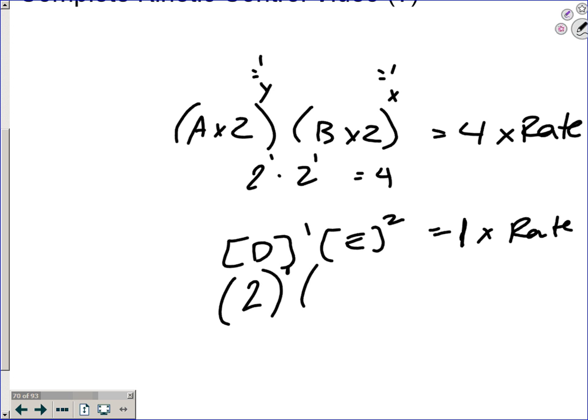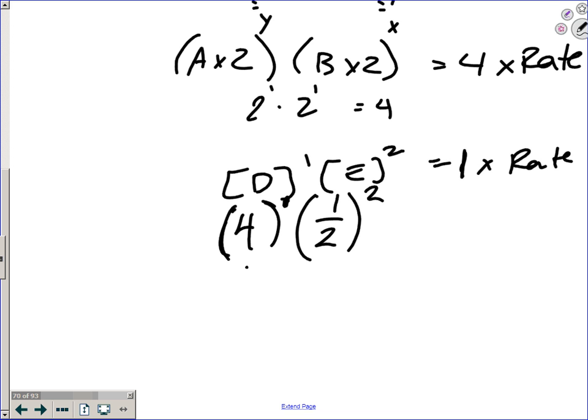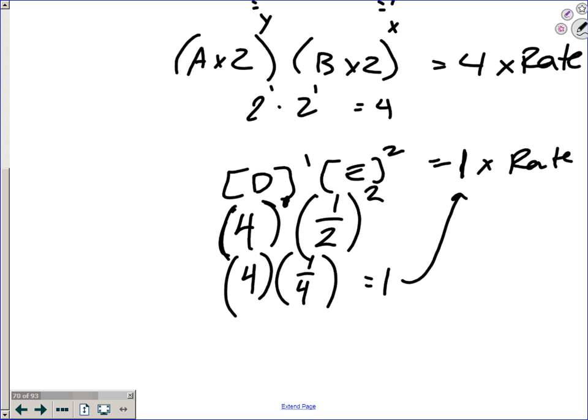So if I multiply D concentration by 4, it's raised to the first power, and I halve the concentration of E, that's raised to the second power. Essentially what I'm doing is 4 times 1/2 to the second, and that just means you're multiplying by 1/4. So the 4 and the 1/4 cancel each other out, which means the rate doesn't change. It's still the same.